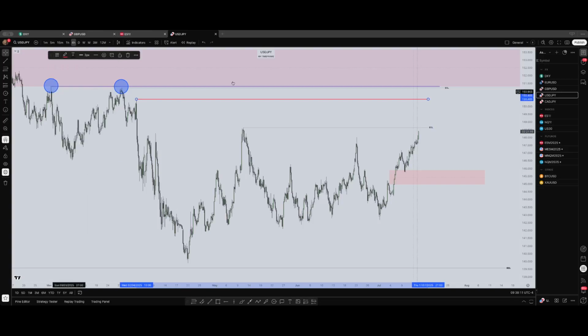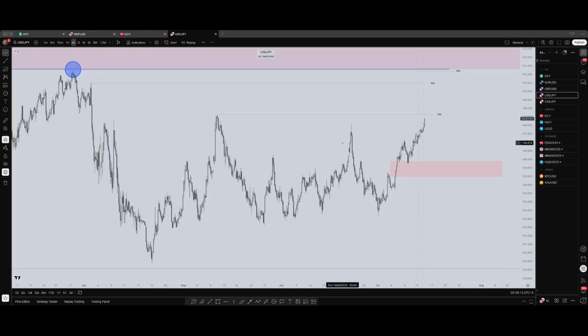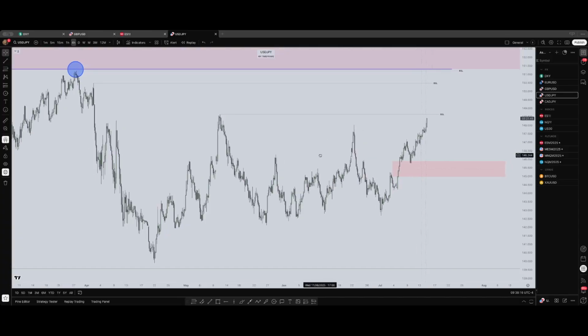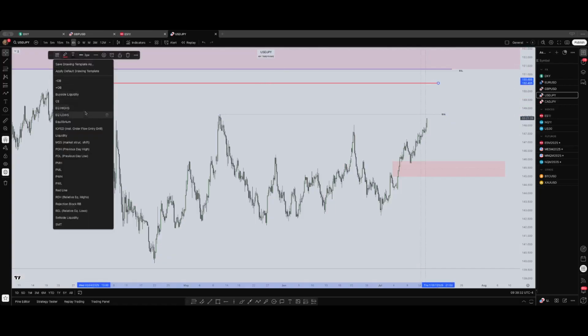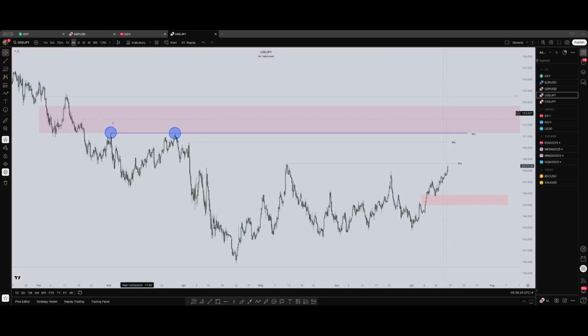This is buy side liquidity. This is the daily, 4 hour time frame. Maybe price reaches the level and makes a small retracement. So let's see what happens once price reaches this level.